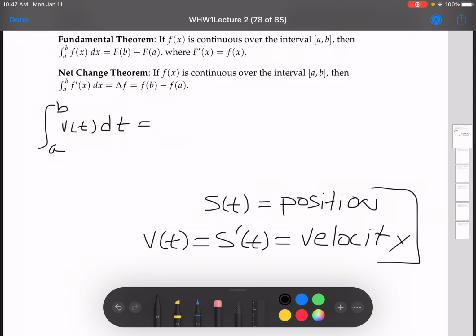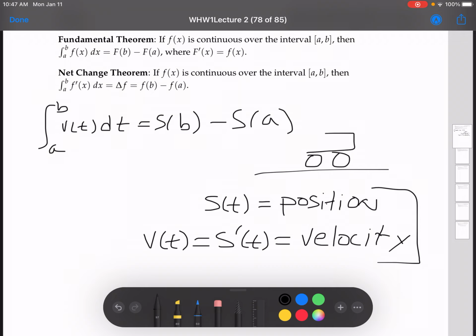And now looking at this cart again, the function s tells the position of the cart with respect to our starting point.